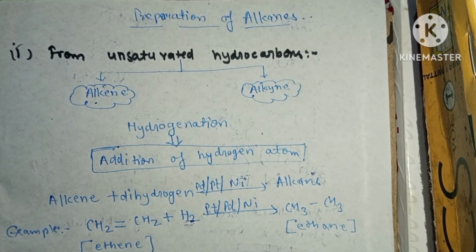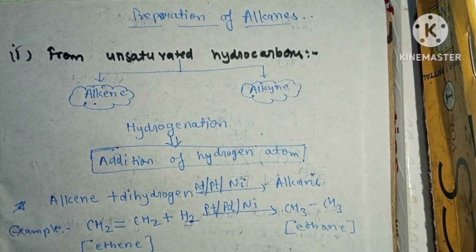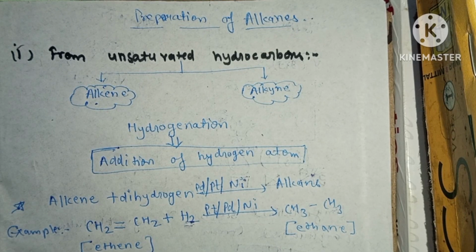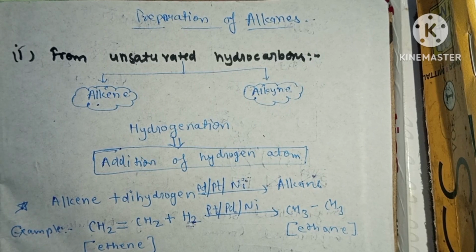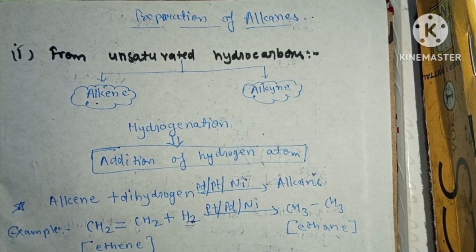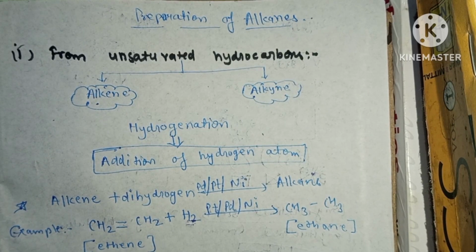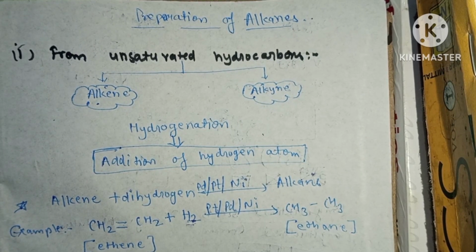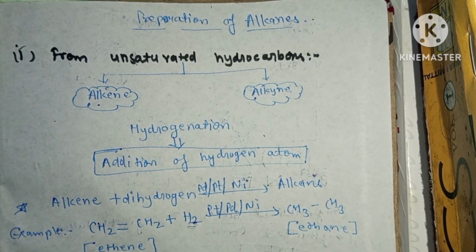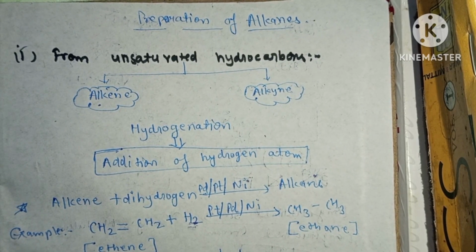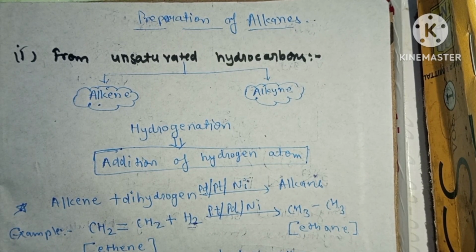And this was from the alkenes, unsaturated hydrocarbon, and now from alkyne, unsaturated hydrocarbon. Alkyne plus dihydrogen in the presence of palladium, platinum or nickel catalyst, we obtain firstly alkene.